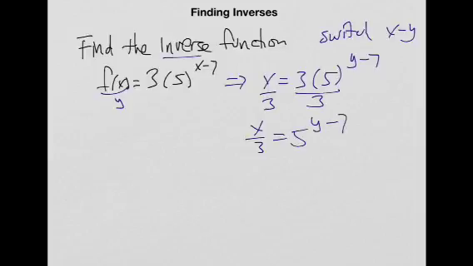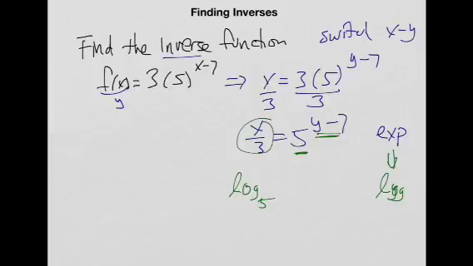And now, this is an exponential form. I don't know what to do with it. My variable's up here in the exponent, and there's no way to get that out of there. So I'm going to switch over to logarithmic form. I'm going to say my base is 5, so I'm going to have the log base 5.